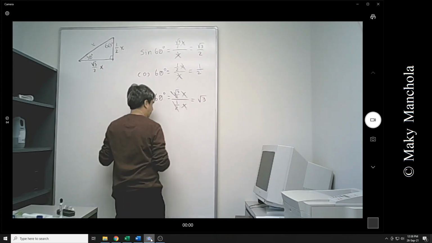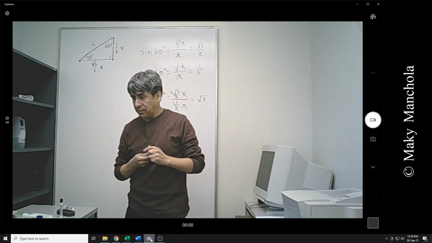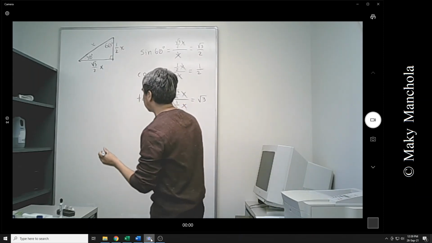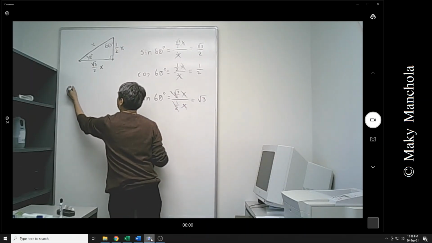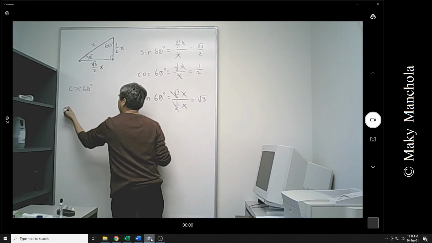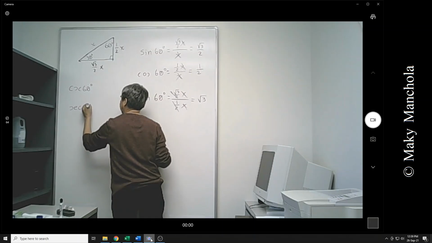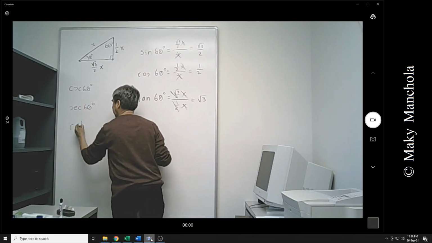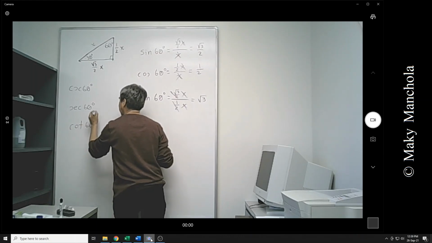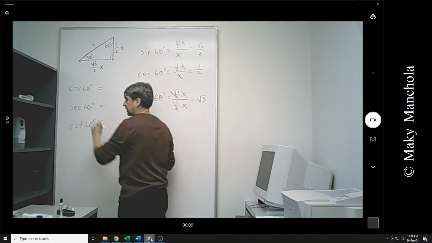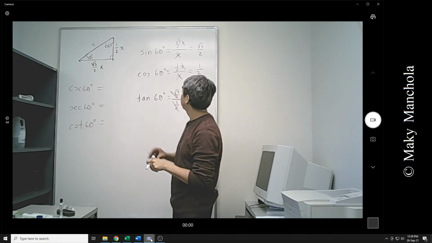Now I invite the audience to obtain the remaining trig ratios for 60 degrees, which are cosecant of 60 degrees, secant of 60 degrees, and cotangent of 60 degrees, by making the observation that the cosecant of 60 degrees is the reciprocal of sine of 60 degrees.